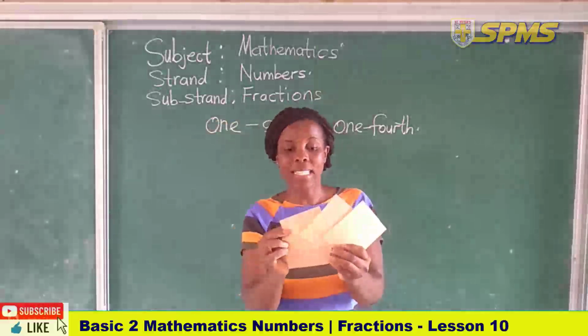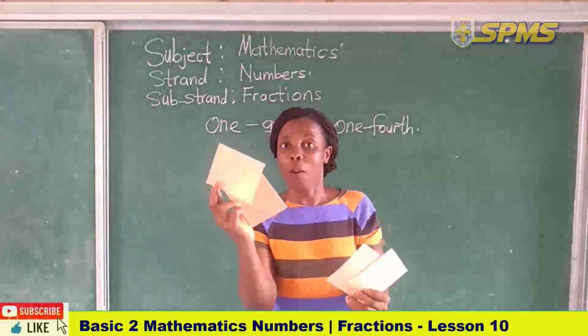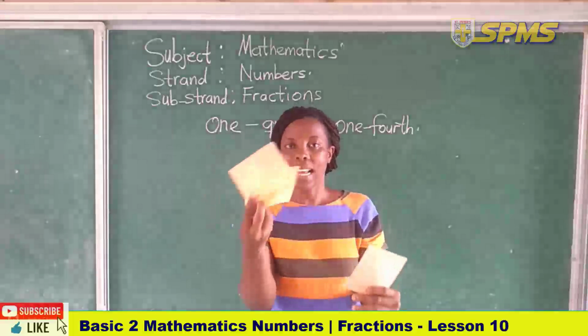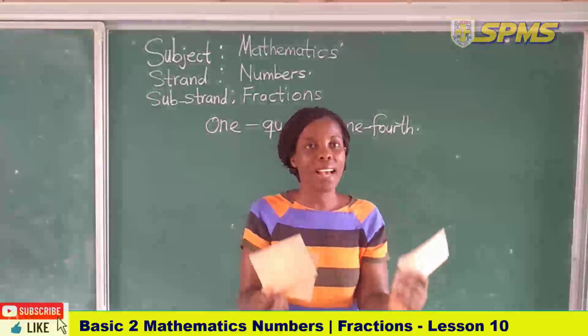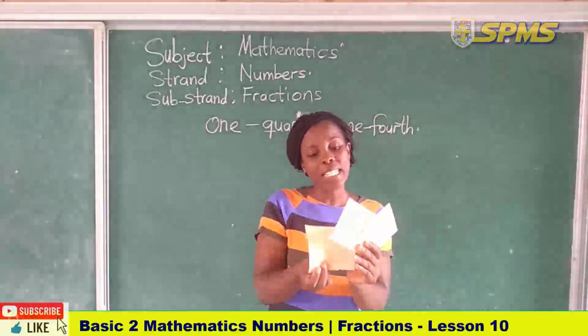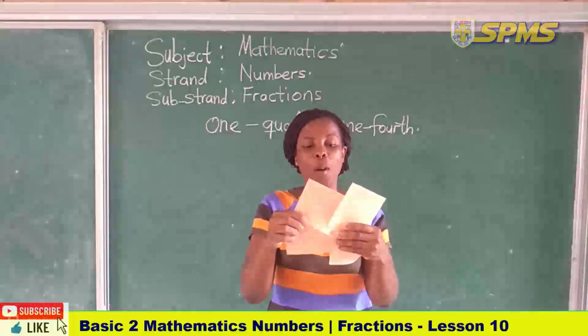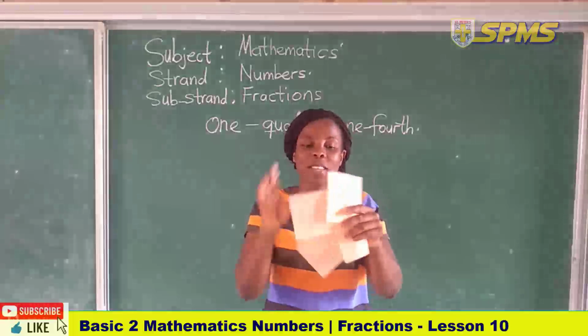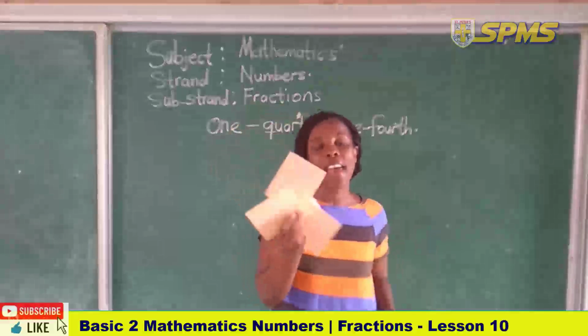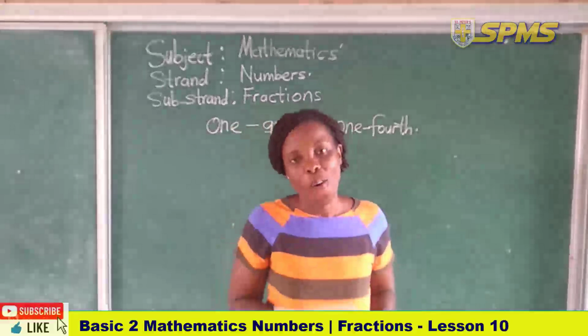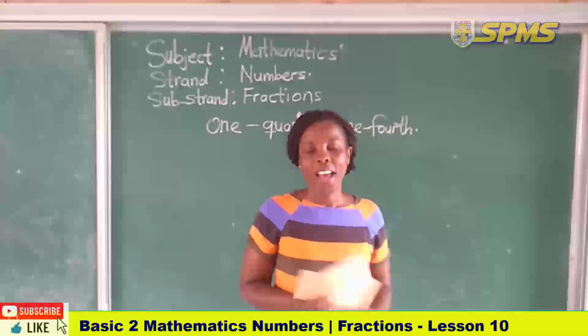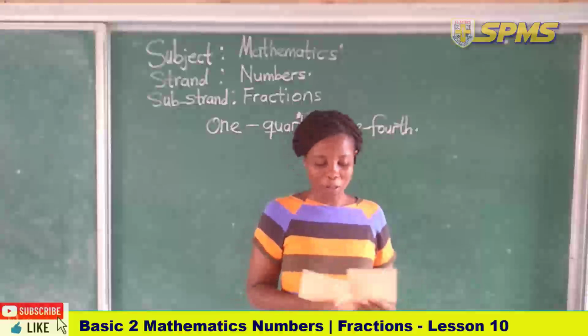The other part, another 1/4. The other part like that. The last one like that. So anytime you divide an item or a whole into 4 equal parts, it means you have a quarter or the 4th. How do you write this one too?